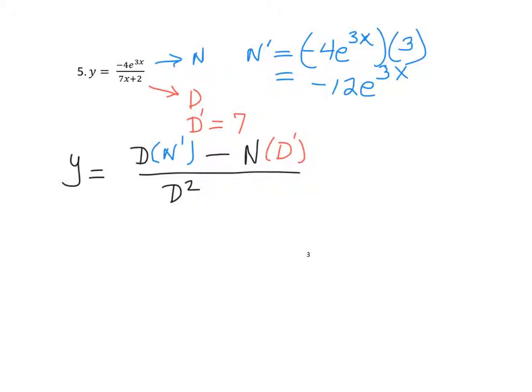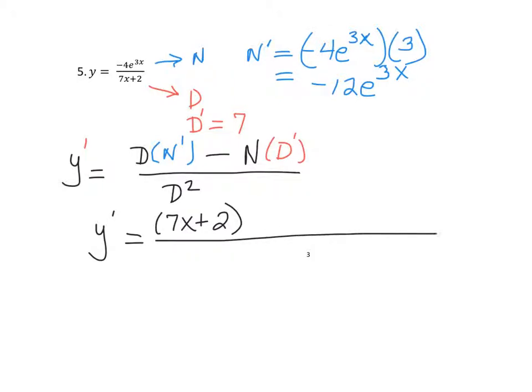So when we put that into action, then y prime is going to be the denominator, 7x plus 2, and it's also going to be in the denominator, 7x plus 2, but it's going to be squared in the denominator.